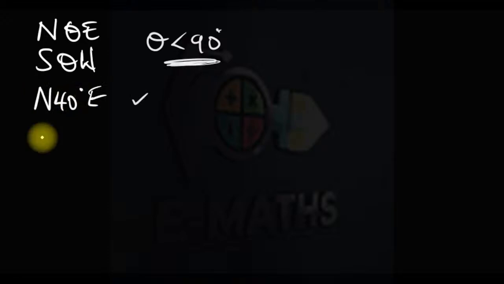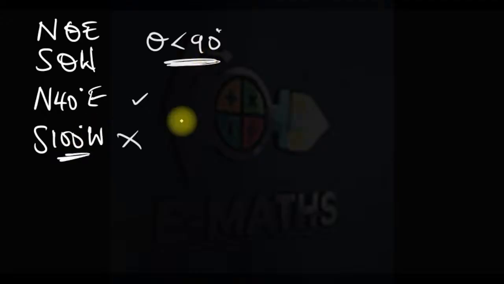So note this: the angle in compass bearing must be less than 90. So north 40 degrees east is very correct. But south 100 degrees west is wrong, because 100 is not less than 90.